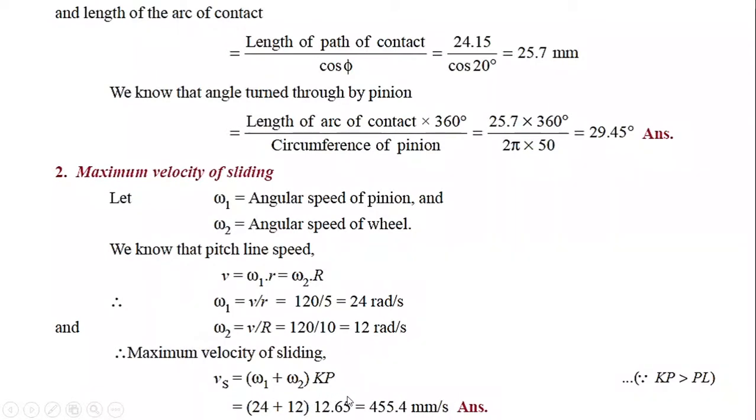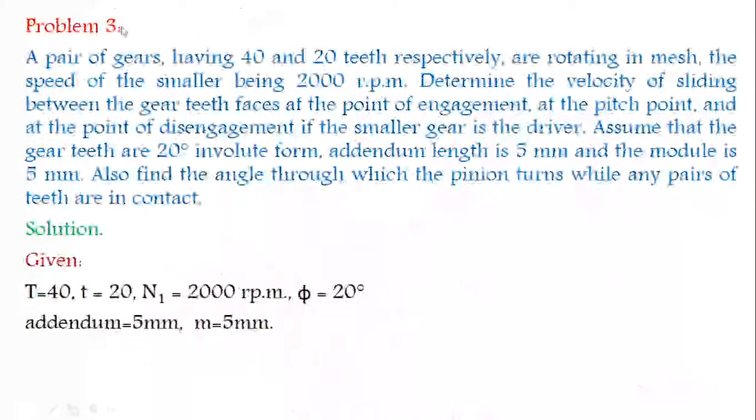Suppose you use the value in meter, we get the velocity in meters per second. The unit is a must, that is important. You should be aware of the unit also. Okay, and then you go for the second and third problem. Problem number 3.